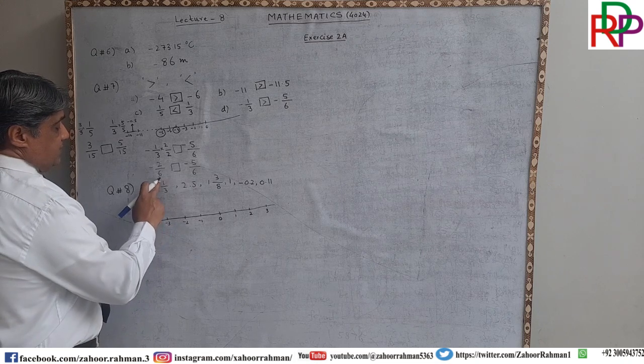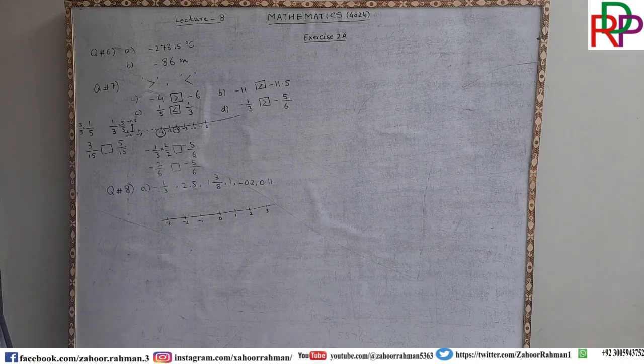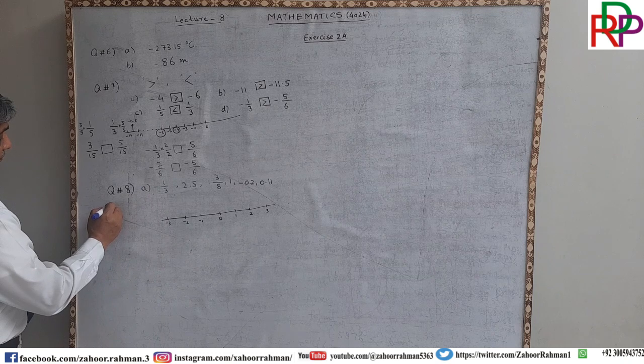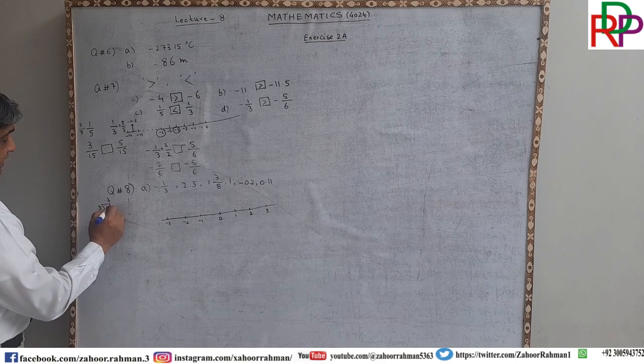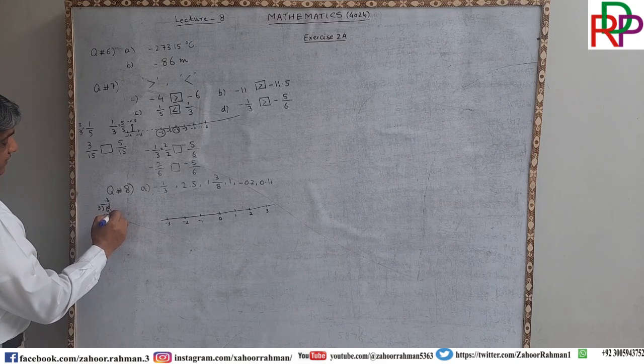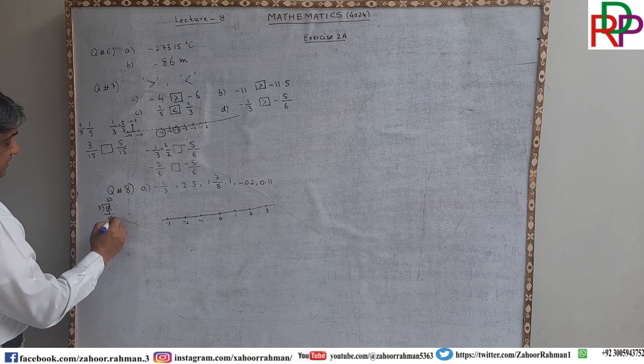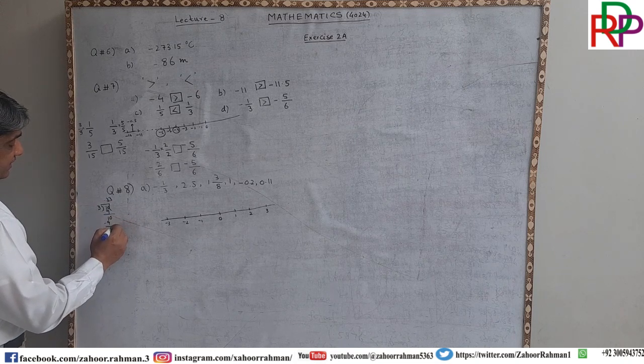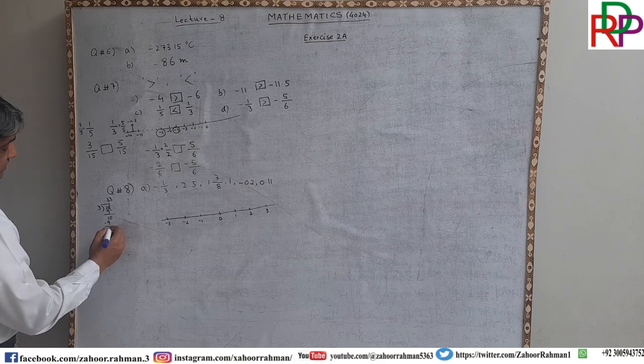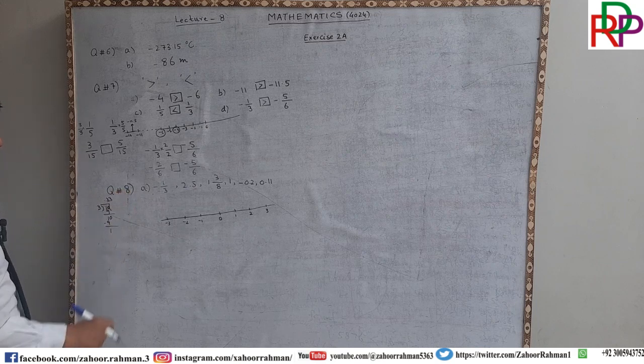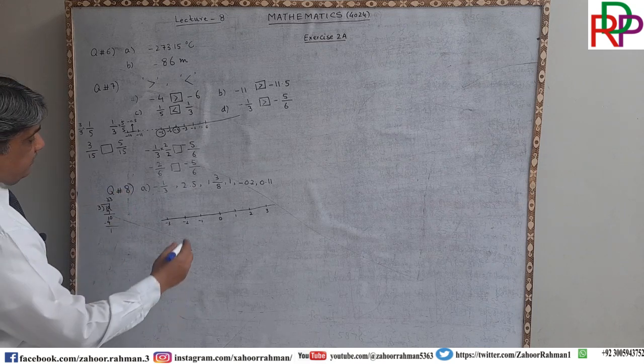Now minus 1 over 3. When we divide 1 by 3, 3 threes are 9, and then 1, and then 0. 3 threes are 9, and we multiply. If we subtract this, minus 1, then it will go on.